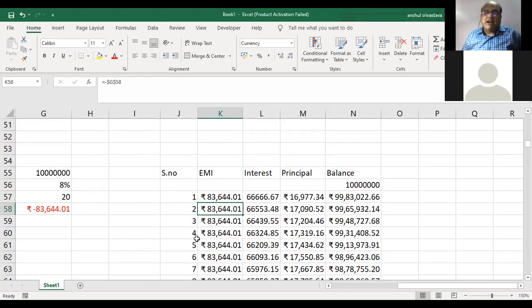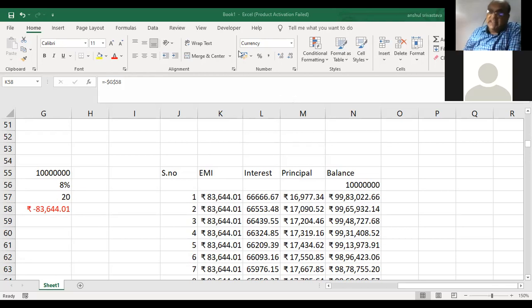Okay. When Bala took the loan, he was given this schedule and he was very happy.